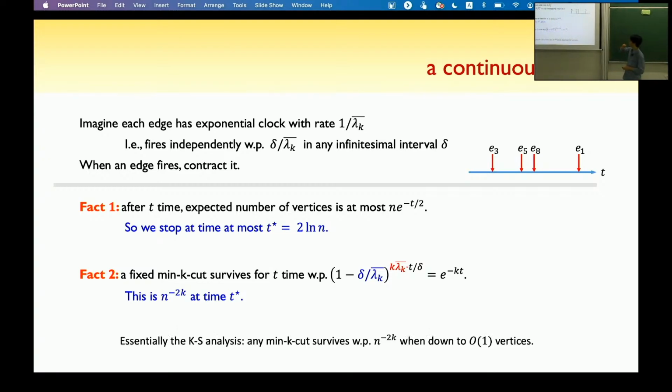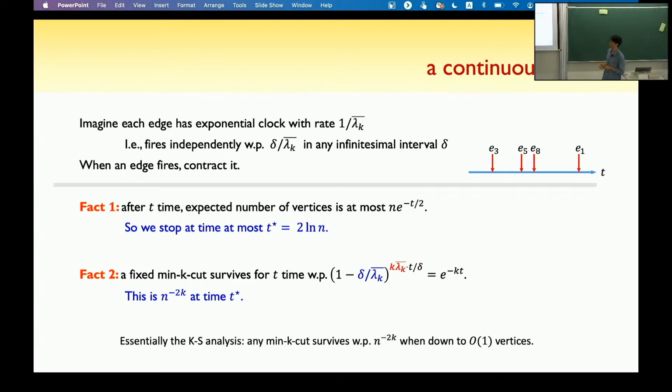We essentially rediscovered the Karger-Stein analysis, up to the difference between k and k minus 1. So we proved that at time 2 log n, the number of vertices is at most a constant, and our minimum k cut survives with probability at least n to the minus 2k. This is the rediscovery of the Karger-Stein analysis.